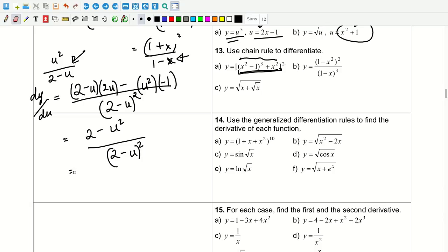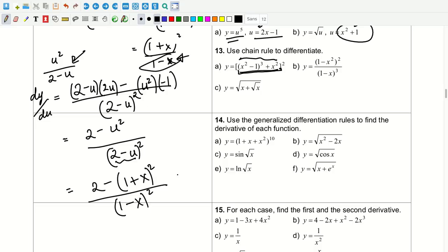This is not a difference of squares, so we can't do that. So this is 2 minus 1 plus x all squared over, and remember 2 minus u turned out to be just 1 minus x, so it's 1 minus x all squared. Man, that was a mouthful. That is dy/dx in this example.